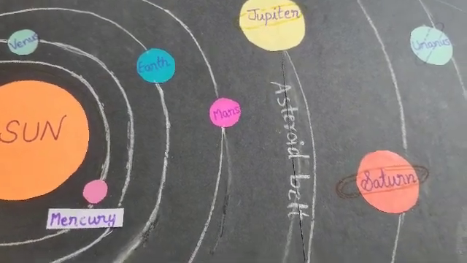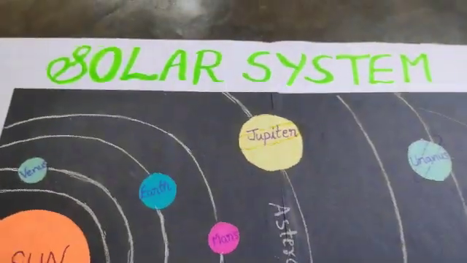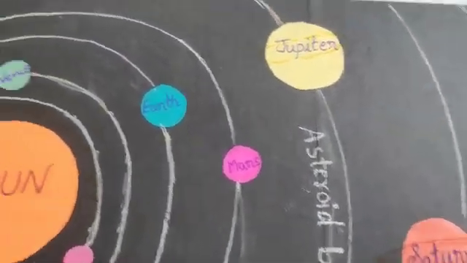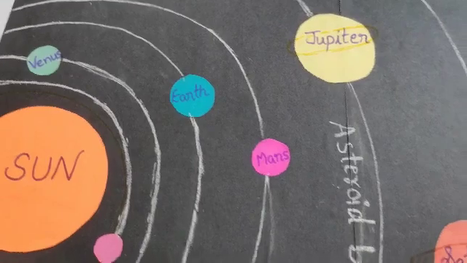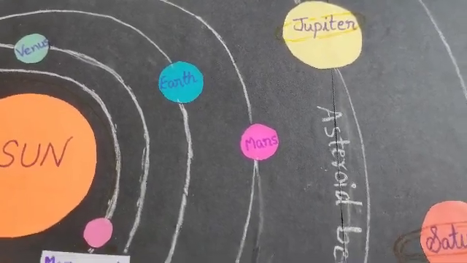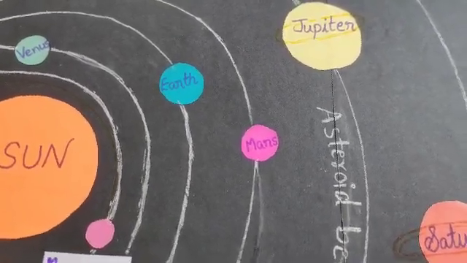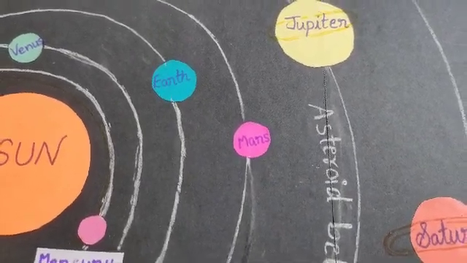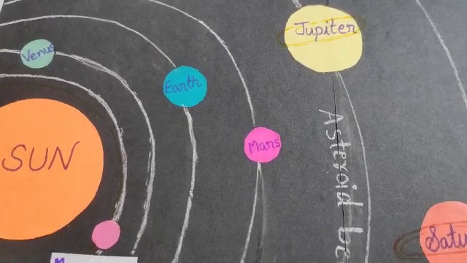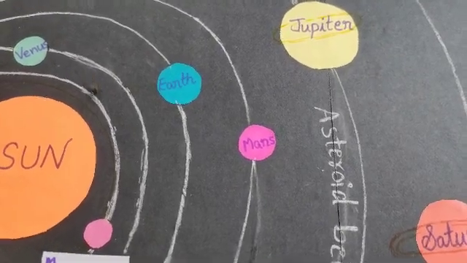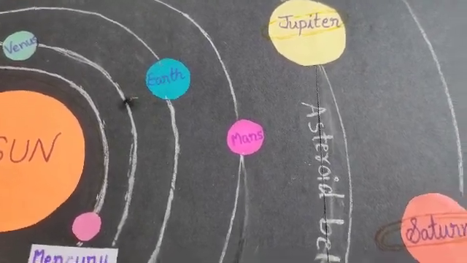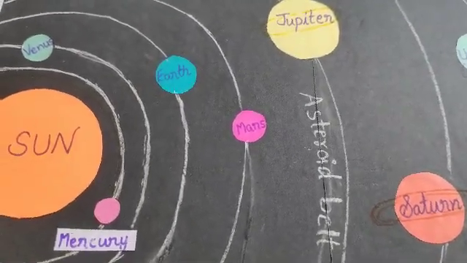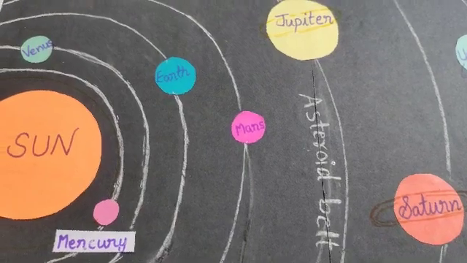Then you have learned in the solar system about asteroids and meteoroids. Asteroids are the parts of a planet. Several years ago, if some explosion happened, the planet would break into rock pieces.